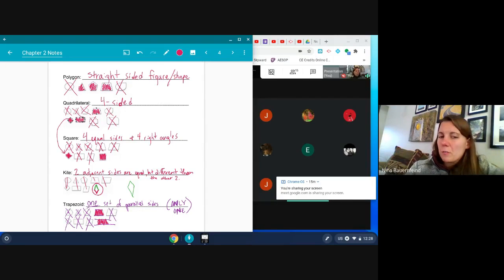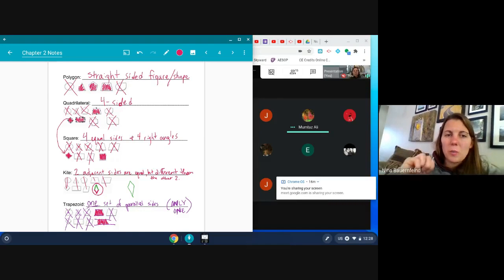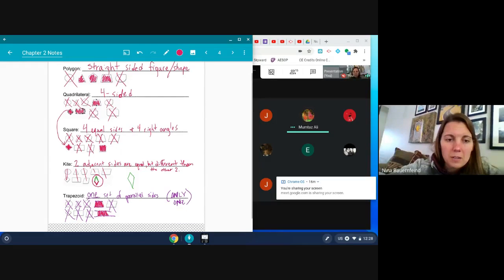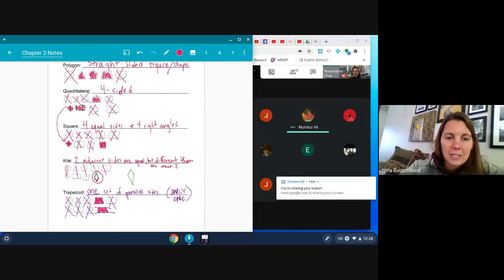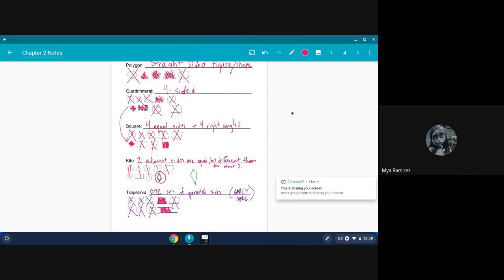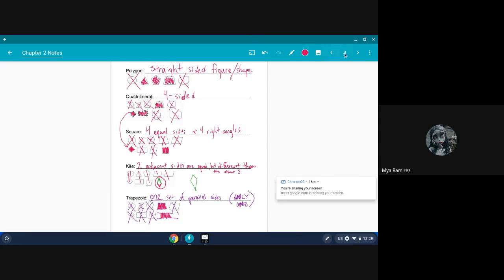Did everybody who wanted a picture get a picture? Can you scroll down a little? I want the whole page. I can't see the bottom. What you can do is pin it so you can make it full screen and you don't see other people's cameras on the side. You can go over to the screen and pin it.